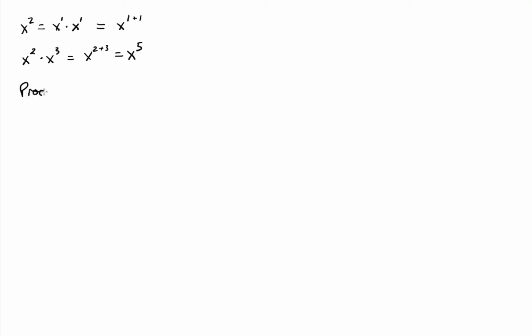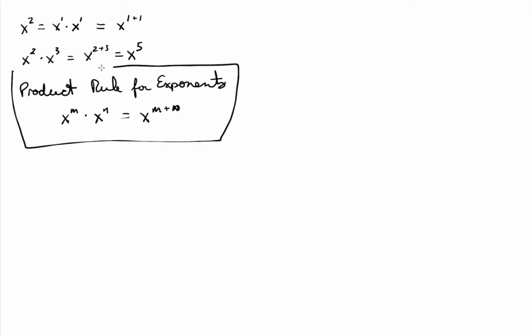The product rule for exponents simply says x to the m times x to the n, given that x is the same variable, equals x to the m plus n. That's all you have to remember right here. And if you want to include this as an illustration, you could do that, because sometimes having two letters is confusing.